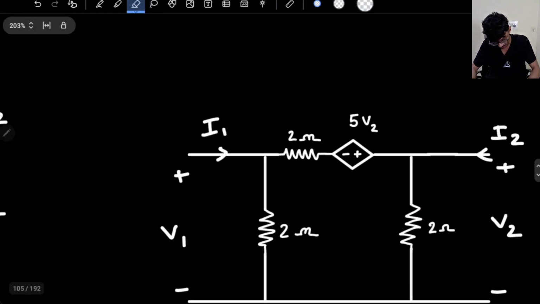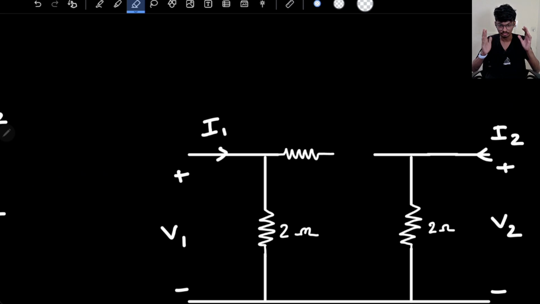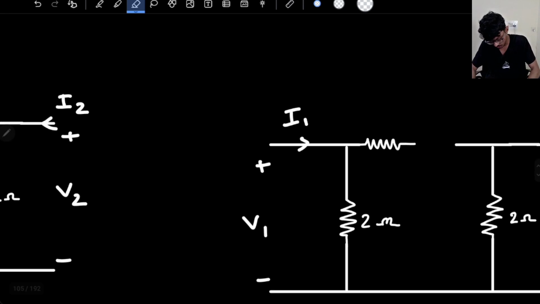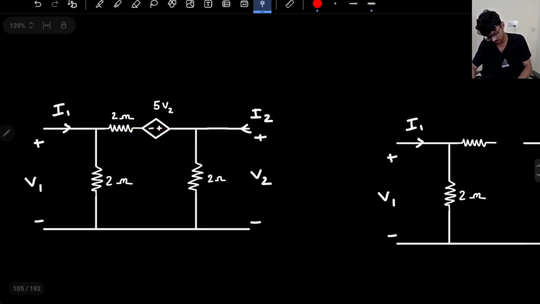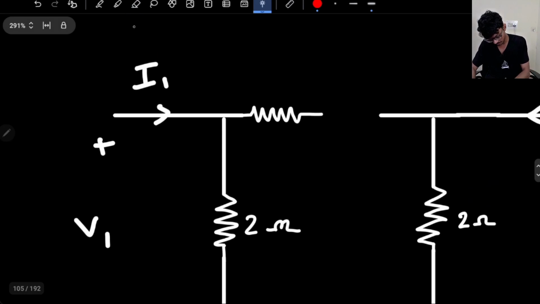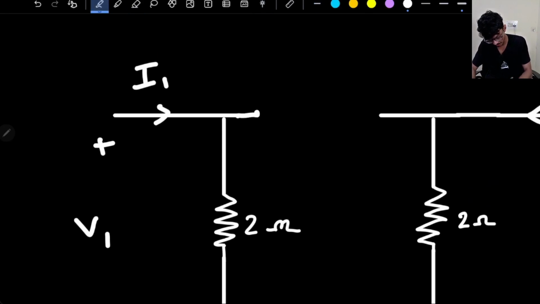In this lecture only I broke down a resistor, then I told you it is symmetrical. But will that happen here? So this 2 ohm can be on the left hand side and on the right hand side. If I divide this about the middle, this 2 ohm can be written as a series combination of 1 ohm and 1 ohm.